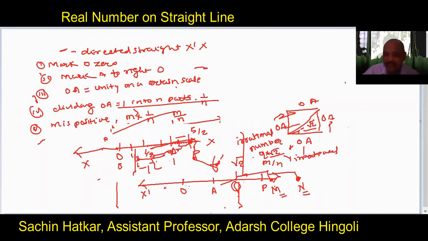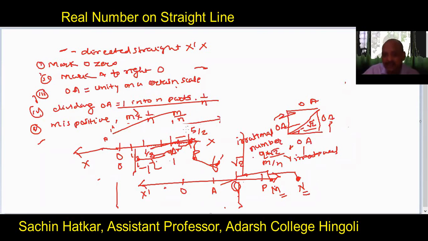This shows that there are also numbers other than rational numbers, and every point on this straight line cannot be simply represented by these rational numbers.